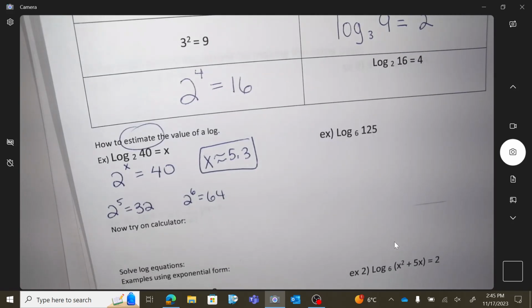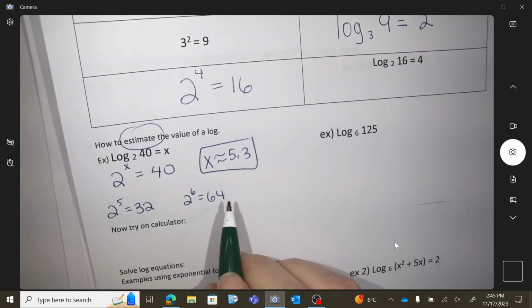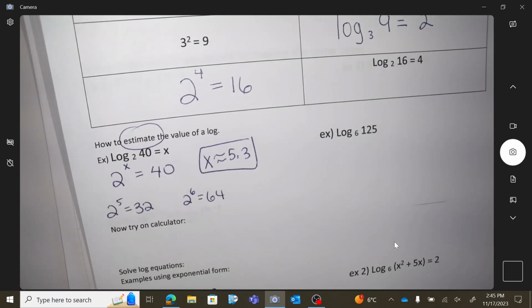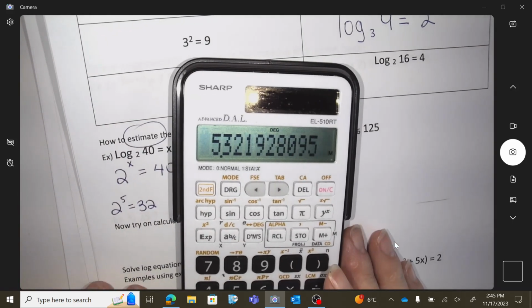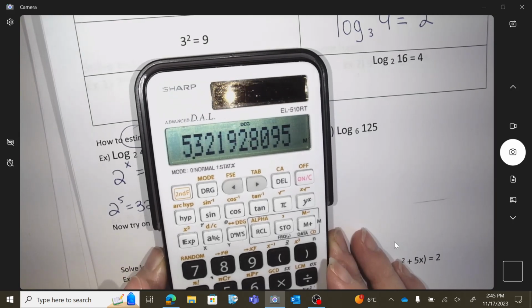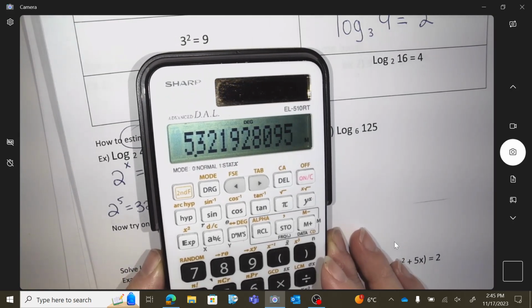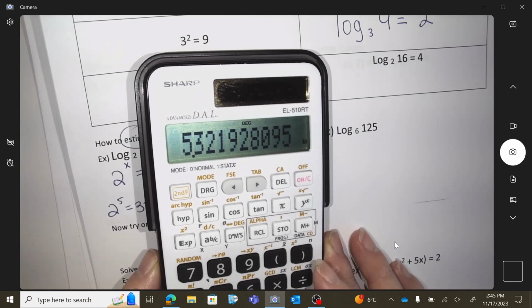Good, I like it. What's that sign? Approximately equal to. Good guess. This is what it is. I'm not going to show you how I do that because you're not allowed to know.